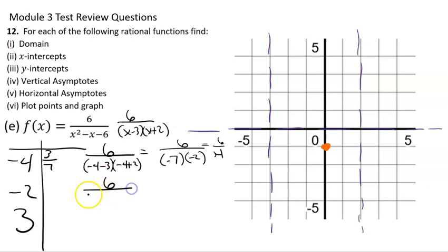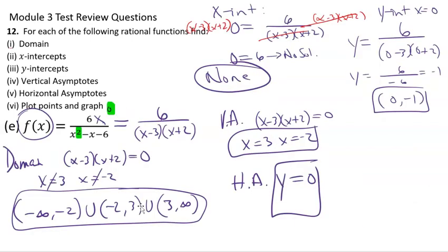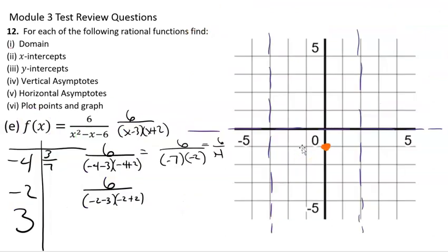Next one, 6 over negative 2 minus 3 times negative 2 plus 2. I got a problem. Why did I plug in negative 2? I got a vertical asymptote at 3 and a vertical asymptote at negative 2. Did I get those backwards? Oh, I did.